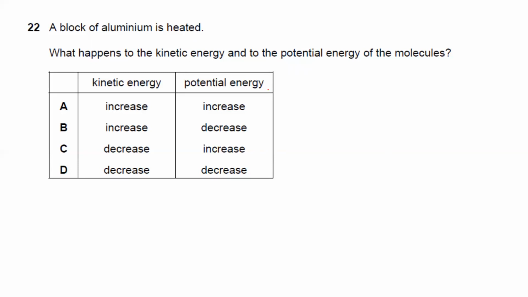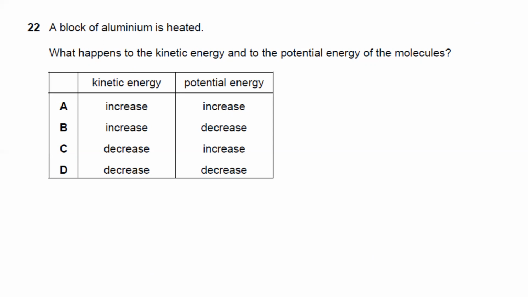But since aluminum is a metal, what happens by heating? With metals, when we heat different metals, the electrons gain energy from their rest states, and they are excited to higher energy states or higher electronic states. This excitation corresponds to an increase in potential energy of the individual atoms or the electrons of that atom as well.